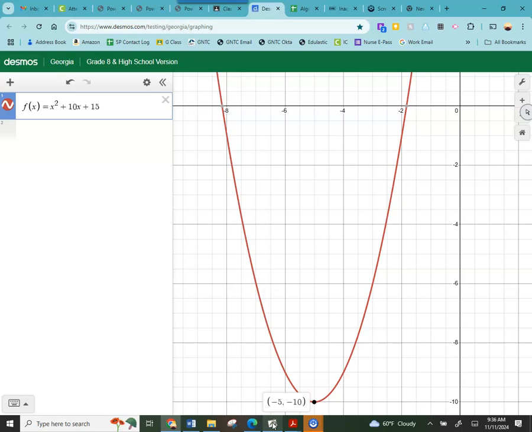That's Vux. So what is the equation of the line that drops right down the middle here? X equals -5, because it's literally telling you it's X Vux, right? It's the X value. So X equals -5 is your axis of symmetry.